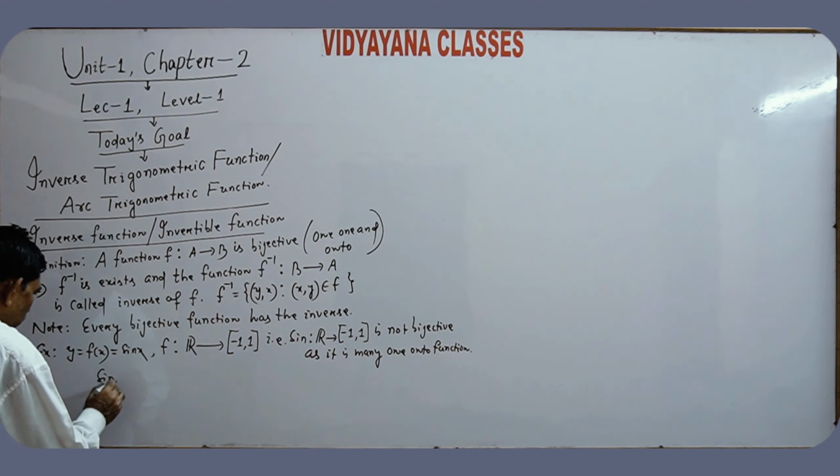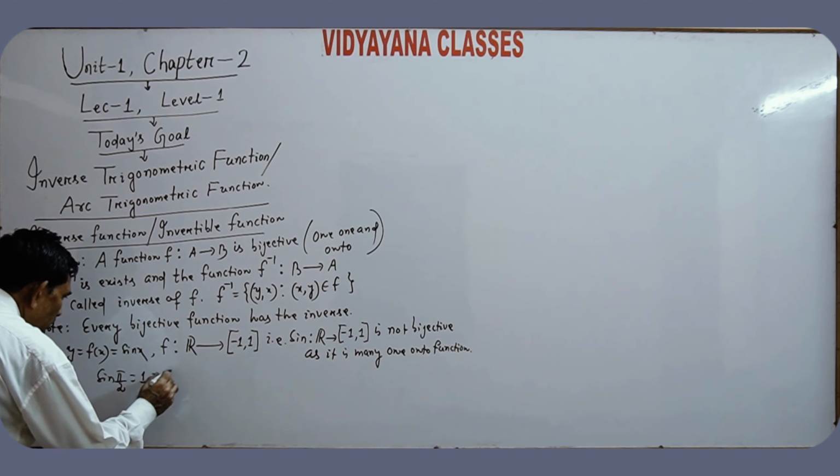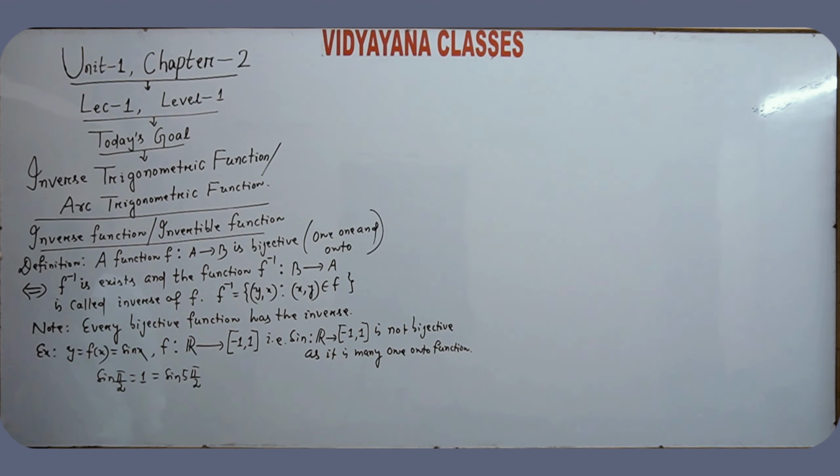Sin pi by 2 is equal to 1, and sin of (pi by 2 plus 2 pi) is also 1.